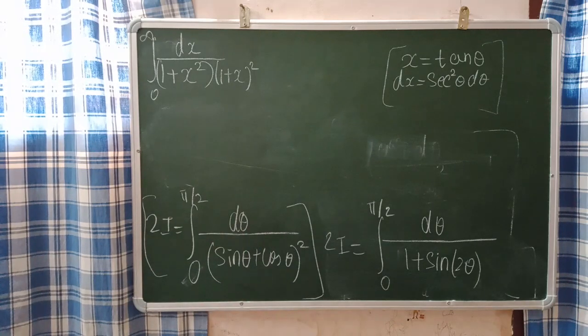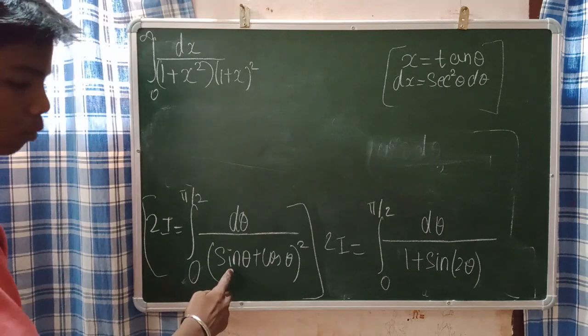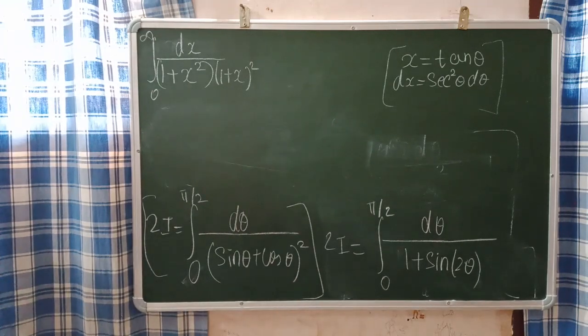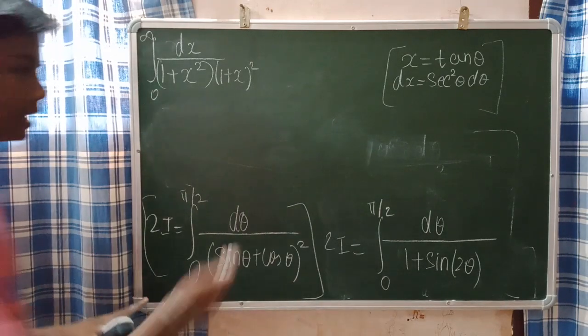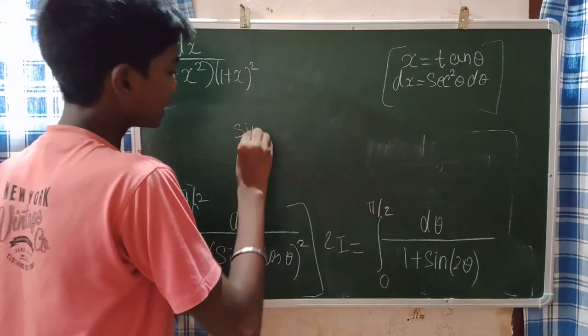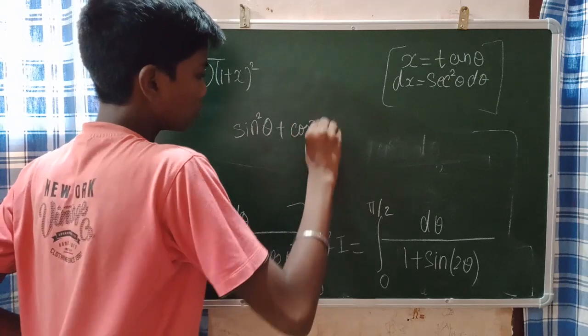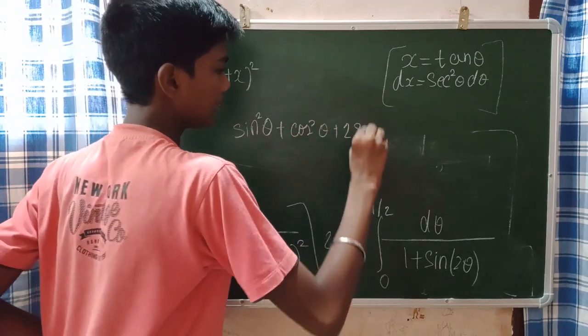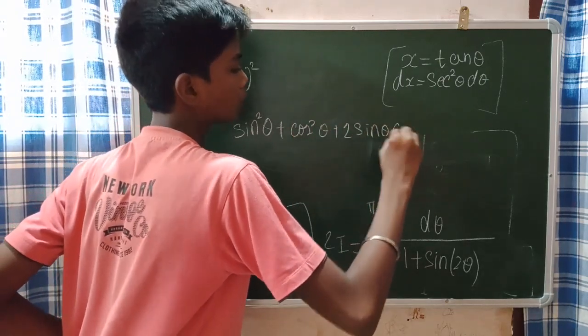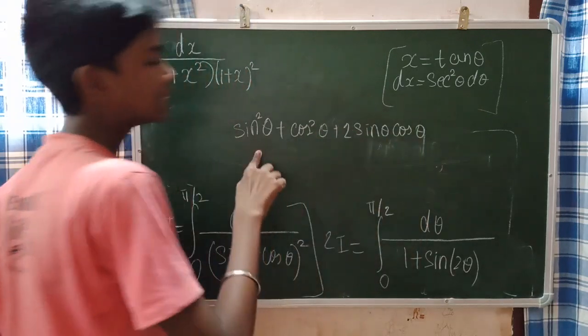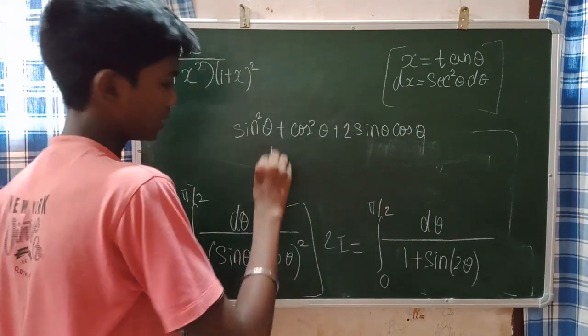How? Can you say me? It's very simple, guys. What is sin theta plus cos theta whole square? Use your a plus b whole square identity. So sin theta plus cos theta whole square will be sin square theta plus cos square theta plus 2 sin theta cos theta. Now what is sin square theta plus cos square theta? 1. Pythagorean identity.